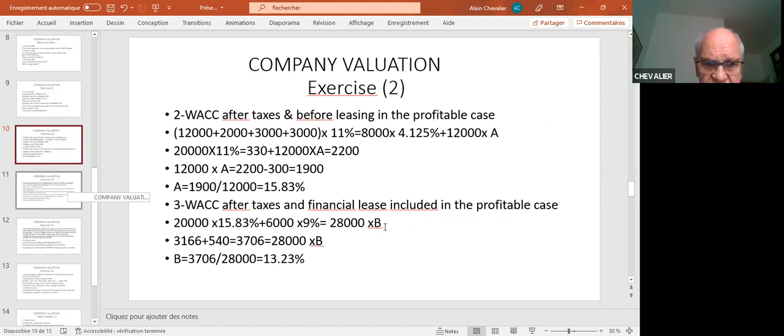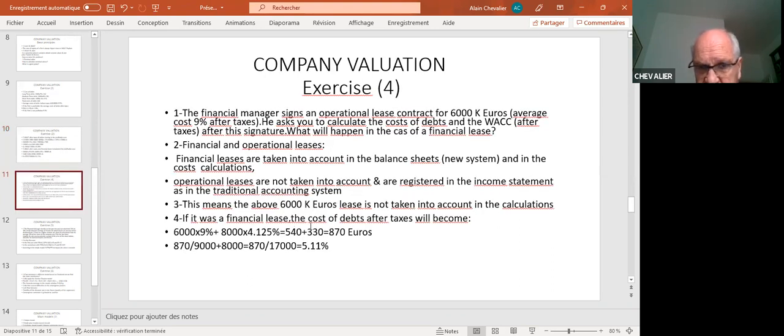Here it is not. So if it was a financial lease, the cost of debt after taxes would become 6,000 multiplied by 9%, here it's 9, plus 8,000 multiplied by 4.125, equal 870 euros.